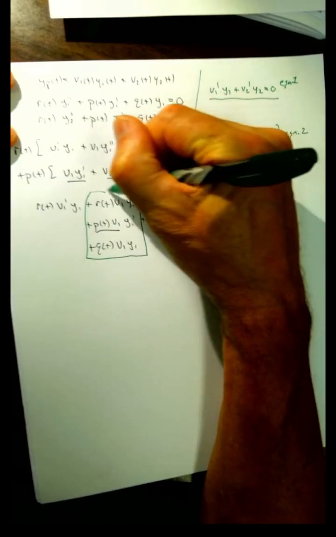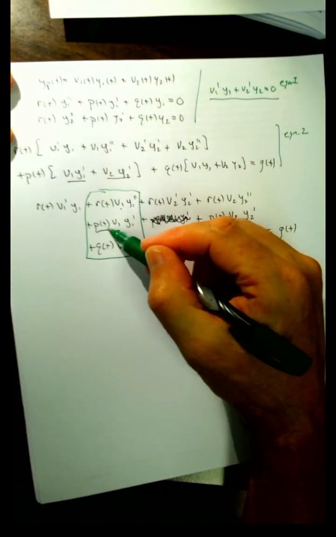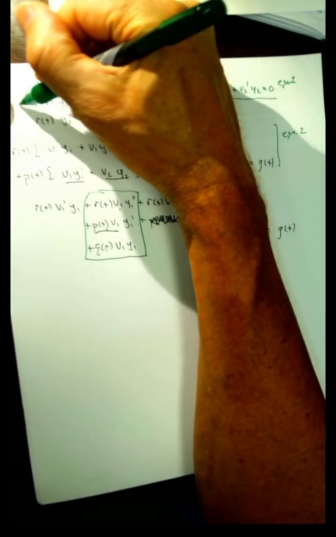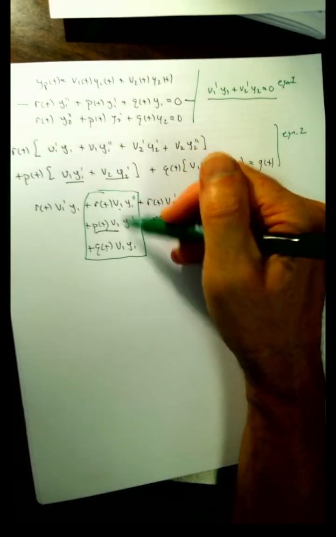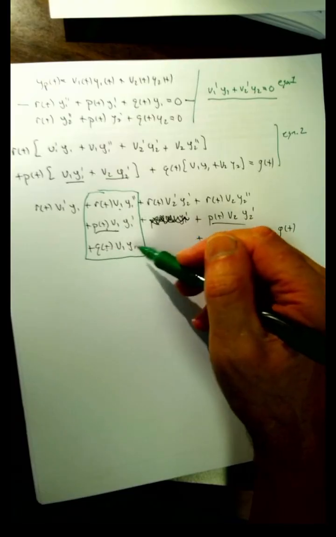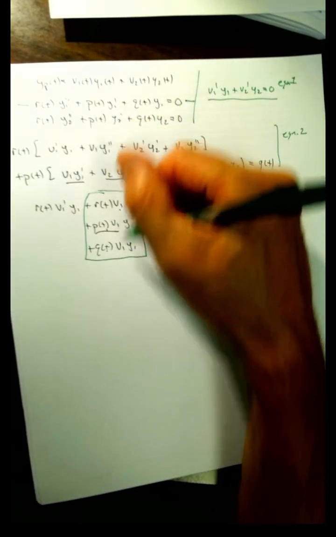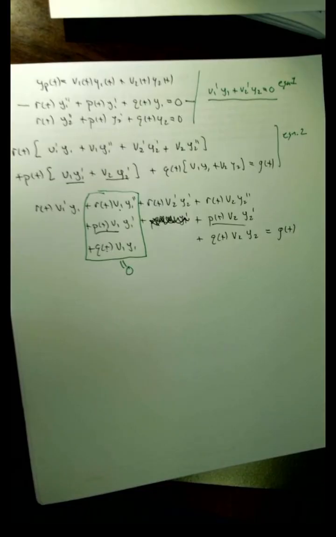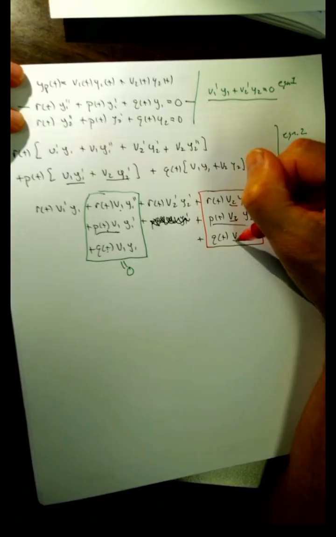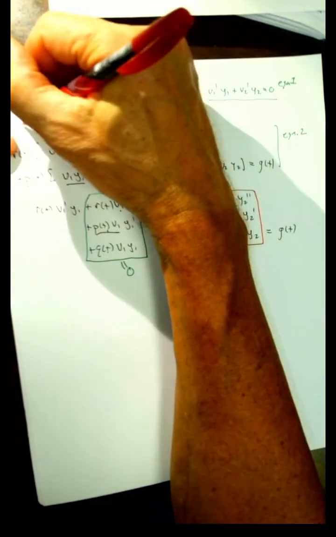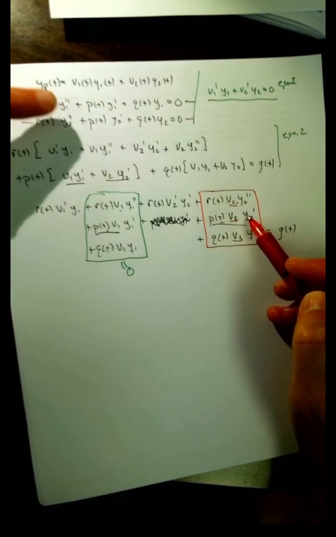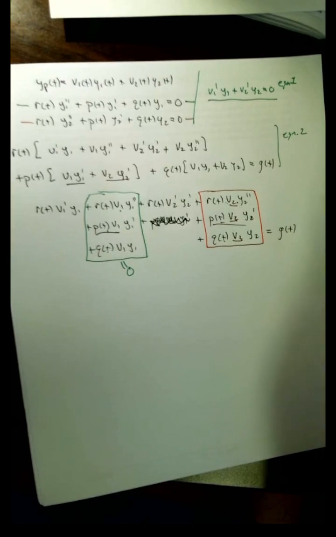If I look at that equation, r v1 y1 double prime plus p v1 y1 prime plus q v1 y1, that is this equation here times v1. If I factor out a v1, I get r y1 double prime plus p y1 prime plus q y1. That all equals 0. And the same thing is going to happen here. Notice there's a v2 everywhere. I can just factor that out. That becomes the second equation, r y2 double prime plus p y2 prime plus q y2.